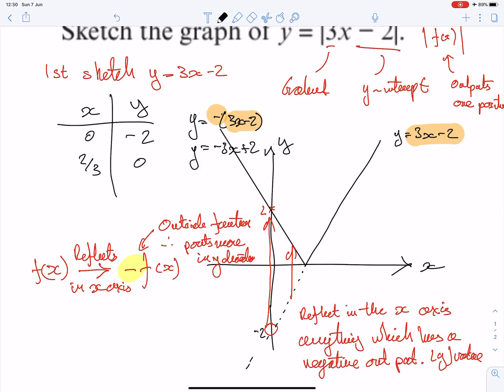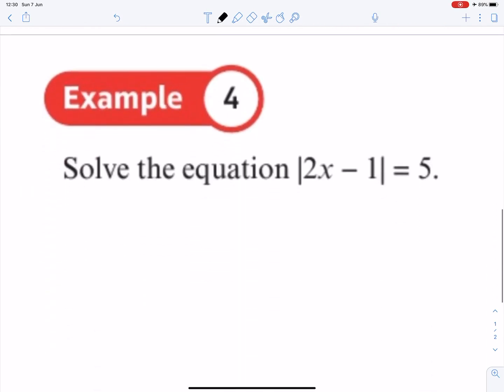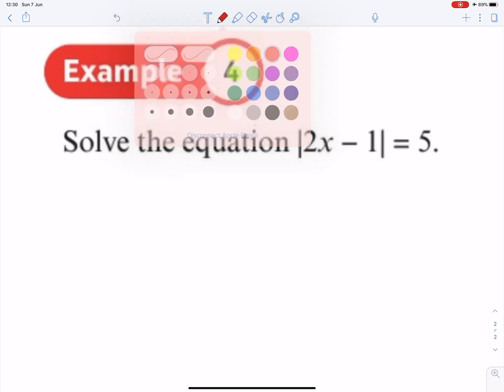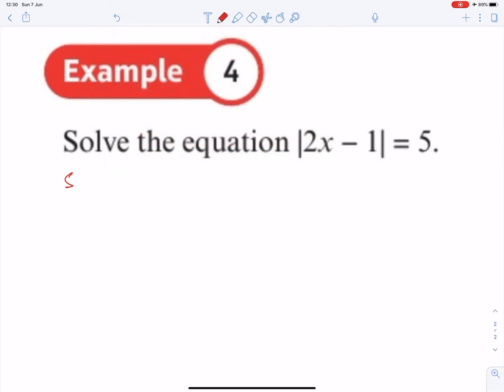Okay, let's move down. Example 4. Solve the equation, the modulus of 2x minus 1 equals 5. Now, a good habit to get into here is to sketch first. So we're going to split this.